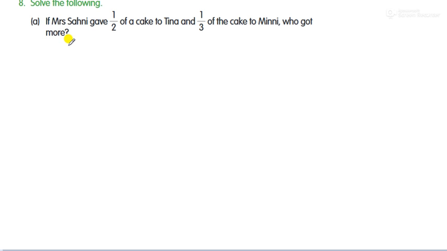First we take 1/2 of a cake and 1/3 of a cake. So we have to cross multiply here. After cross multiplying, from that result we have to compare. So write down here.